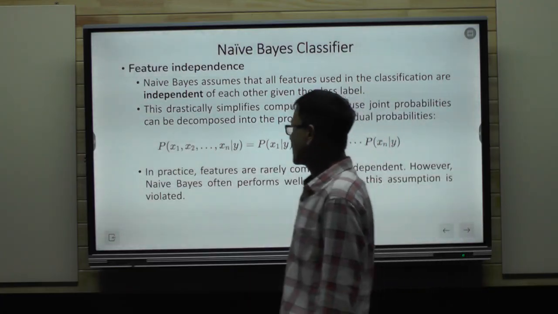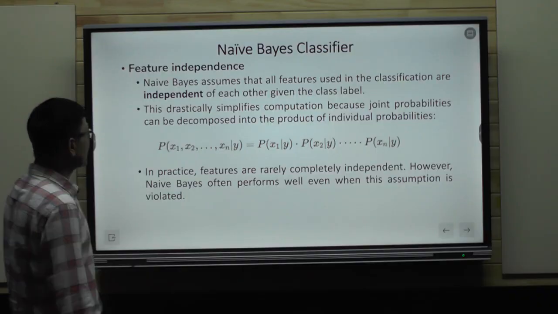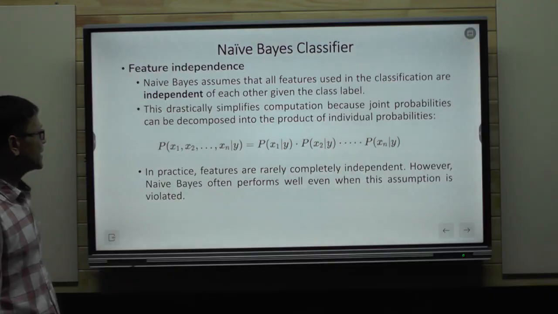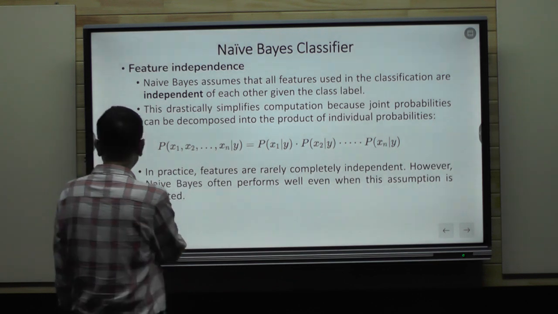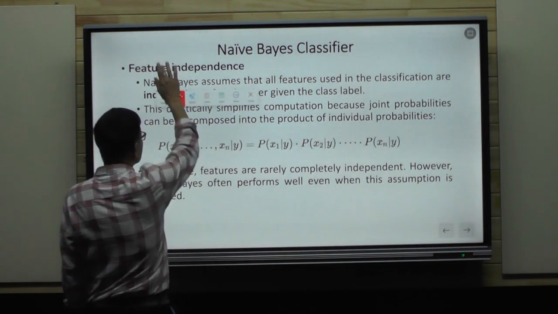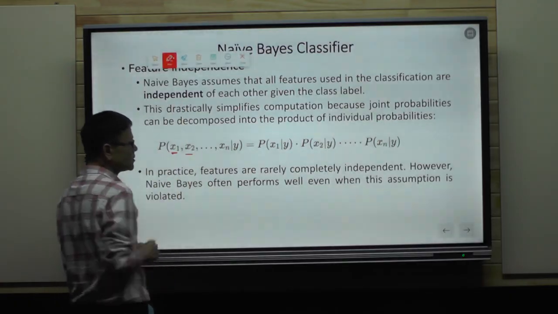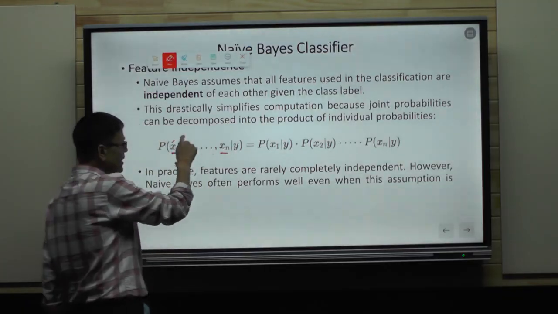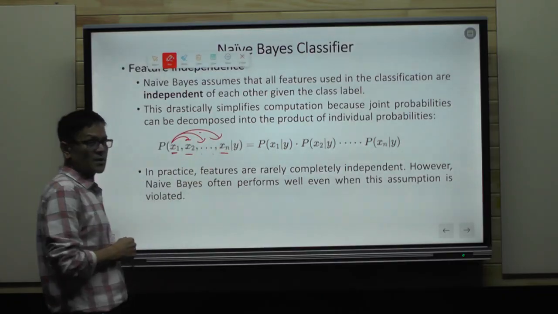So let's say feature independence. What does it mean? It simply means the naive Bayes assumes that all features in the classification are independent of each other. So we have one feature, x1, as input, x2, and we have xn. There is no relationship between x1 and x2 or with any other feature.